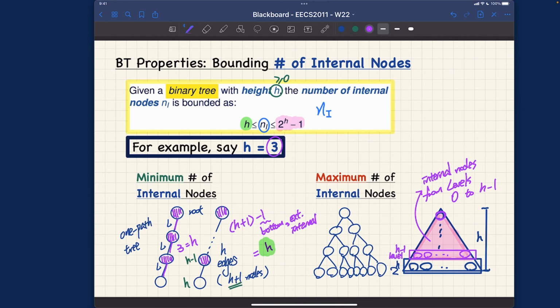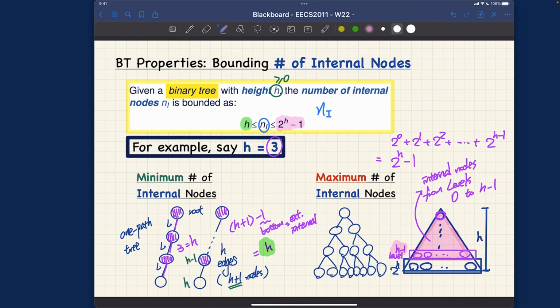Let's now calculate. It's going to be the root 2 to the power of 0 plus 2 to the 1 plus 2 to the 2, all the way to the final one at level h minus 1. That will be 2 to the power of h minus 1, which will be equal to 2 to the power of the number of terms, as we go from 0 all the way to h minus 1. So that will be 2 to the power of h, and then minus 1.